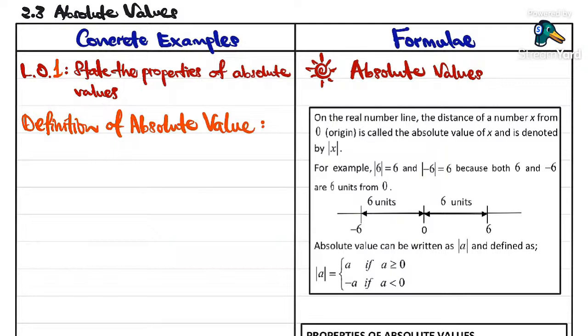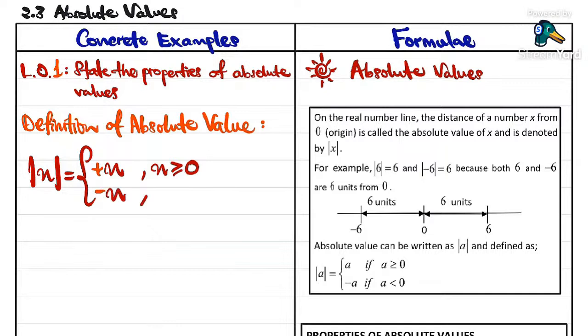So the definition is actually having a modulus of x ataupun saya panggil dia sebagai absolute value of x is equals to, there are two answers. One is a positive x, where x is more than or equal to 0. Another is negative x.